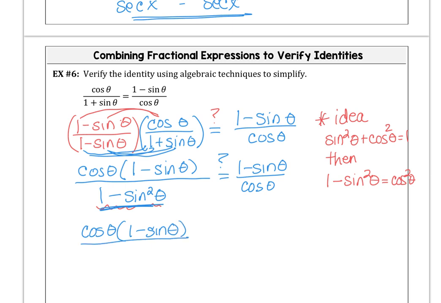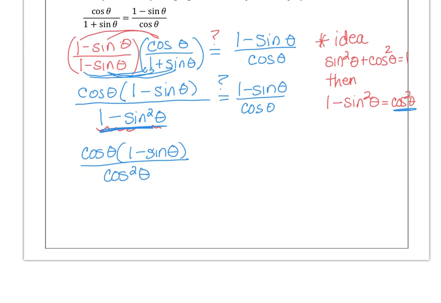We can replace this denominator with cosine squared. And then what's beautiful about that is a cosine in the numerator will cancel a cosine in the denominator, and we'll have 1 minus sine in the numerator and only cosine theta in the denominator.